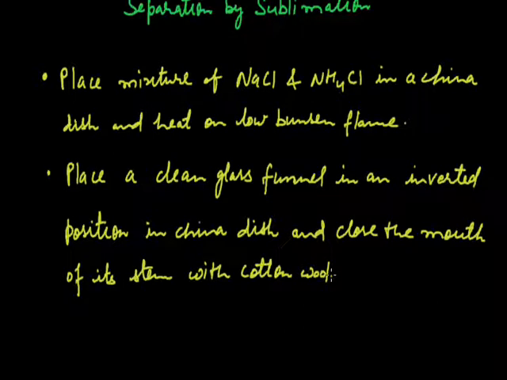Here the ammonium chloride in the mixture sublimes to form dense white fumes. These fumes condense on the cooler sides of the funnel in the form of fine white powder.